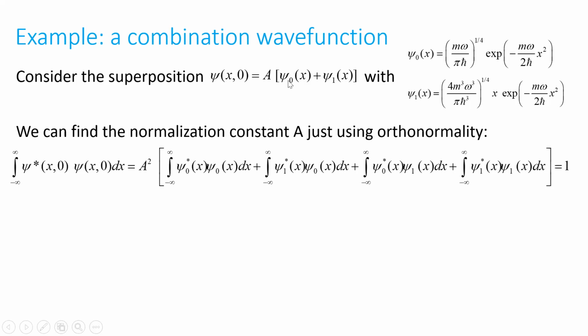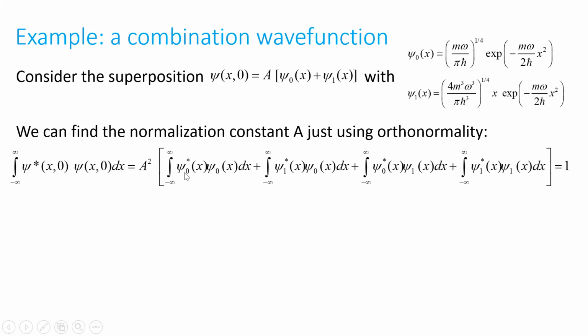Since we have to take the complex conjugate times this back again, we'd get 4 terms: psi 0 star psi 0, psi 1 star psi 0, psi 0 star psi 1, and then psi 1 star psi 1. If we take the complex conjugate times this, we're going to get 2 times 2, or 4 terms.